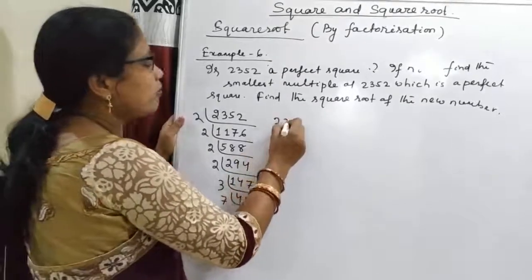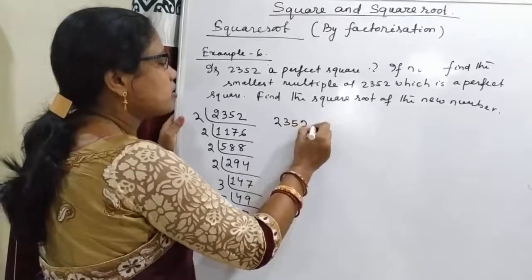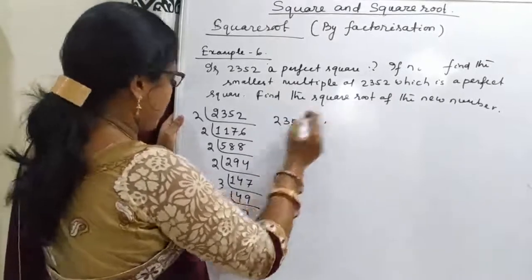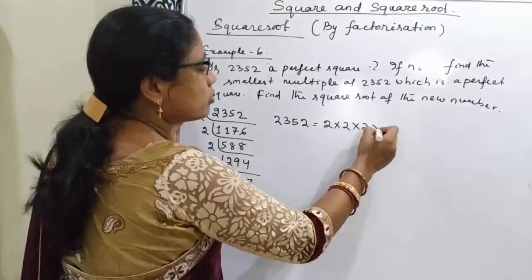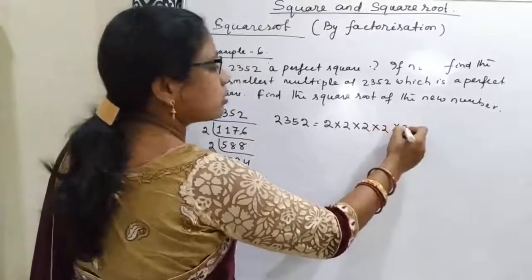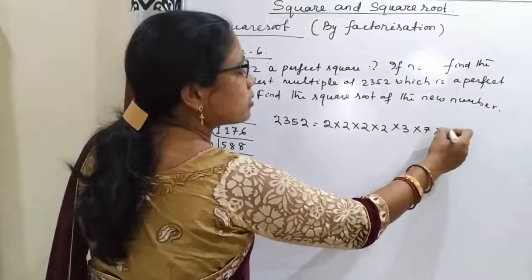So the prime factors are: how many 2's are there? 4. 2 multiplied with 2, 2 multiplied with 2, then 3, 7, 7.